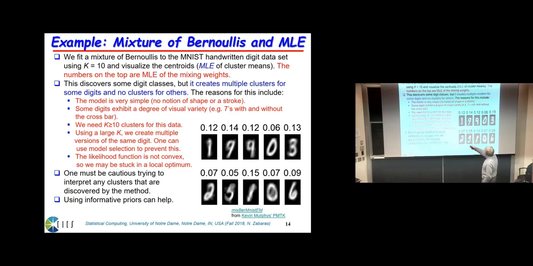So we fit it to a mixture of 10 components. What you see on the top is the mixing coefficients pi_k. For example, the first component has a mixing of 0.12, the second is 0.14, 0.12, etc. And what you see here are the generated centers, the mu's, for each component.